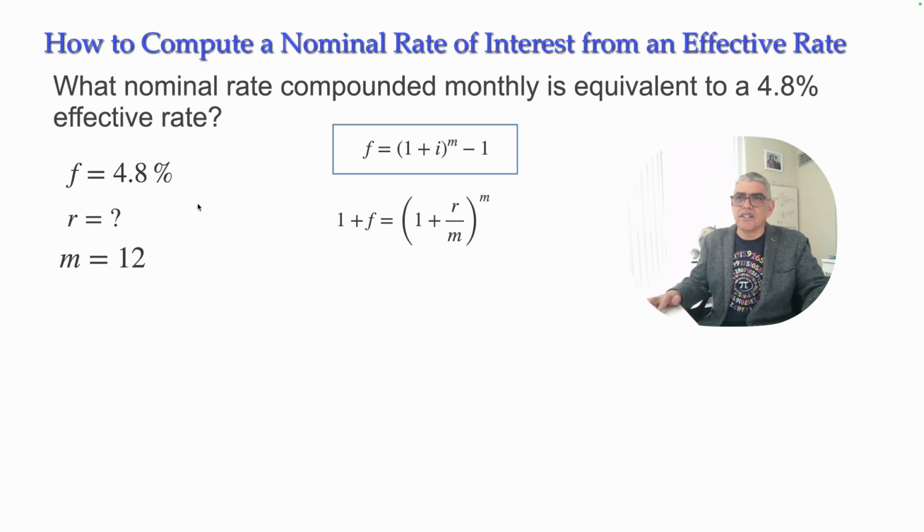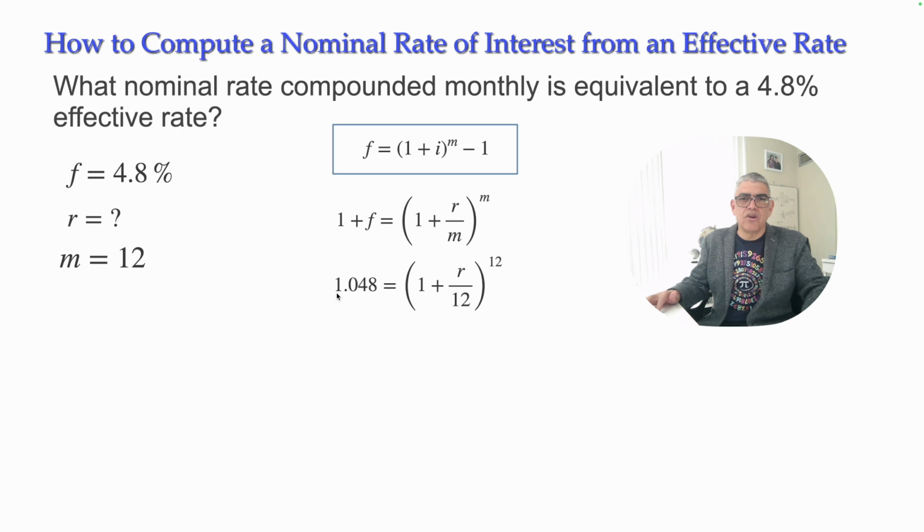So we know in this case that F is 4.8%, so we can write 0.048, and adding 1, this addition is always easy, you can write 1.048. And on the other side, you can write (R divided by 12) to the power 12. So making a substitution, you find this.